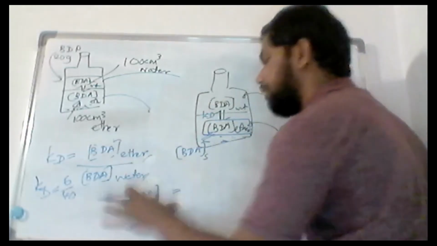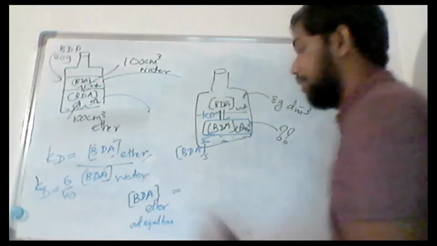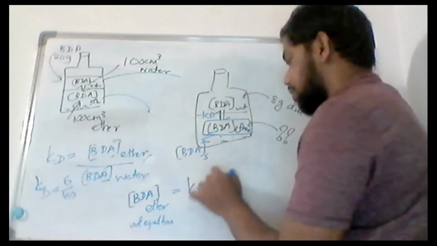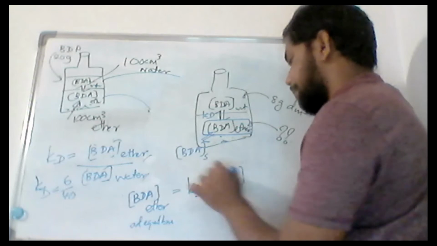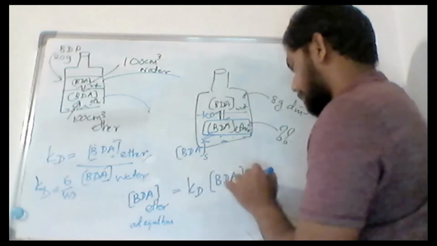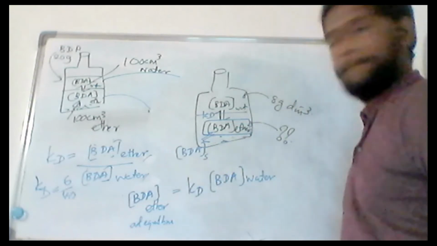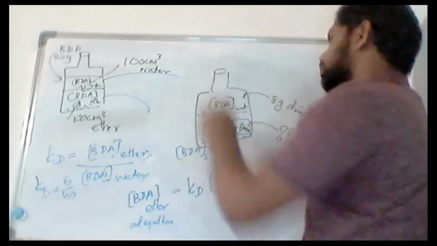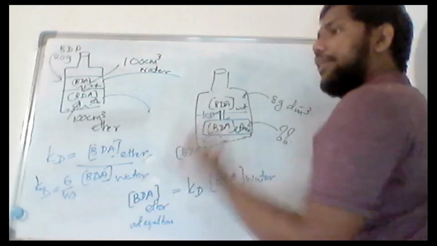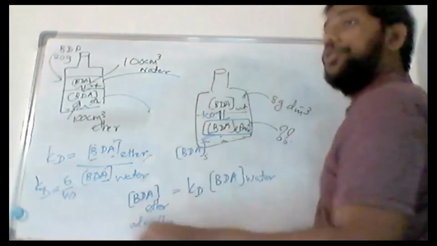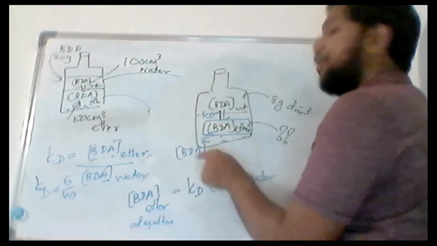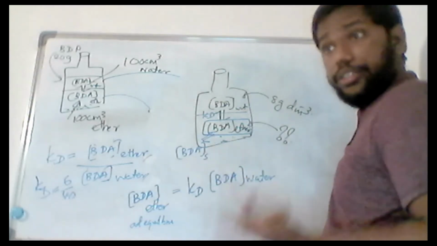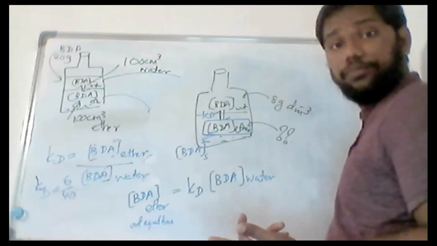So the concentration of BDA in ether should be given here by Kd times the concentration of BDA in water. Okay, because this is in equilibrium, there is a BDA concentration in the ether layer. And this should be the same when you compare the solubility of BDA solid in the ether layer, because it should maintain its Ksp value.